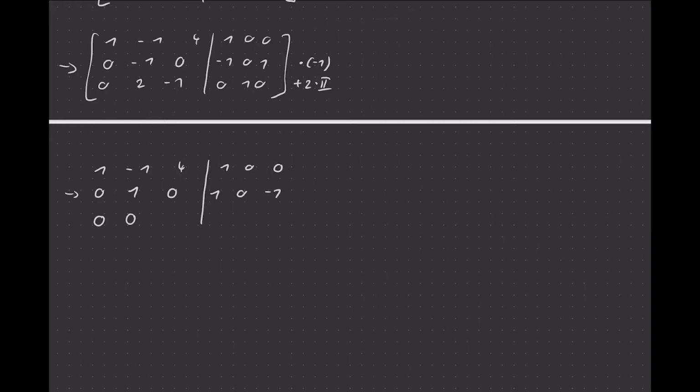Minus 1 plus 0, that's minus 1 again. On the right-hand side, we have 0 minus 2, 1 plus 0, and 0 plus 2. So that's minus 2, 1, minus 2.